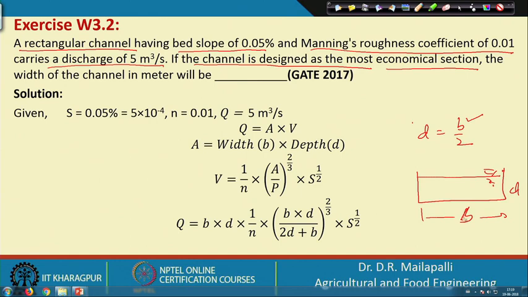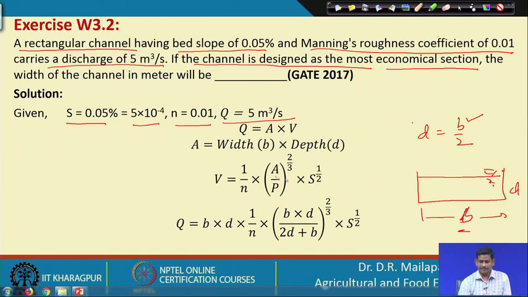Now you have to find out what the B value is. Summarize the given values: S equal to 0.05%, you convert that into 5 into 10 power minus 4, Manning's n is given, and Q is 5 meter cube per second. Area in case of a rectangular channel is B into D. Put that in Manning's equation, V is equal to 1 by n into A by P to the power 2 by 3 into S power 1 by 2.